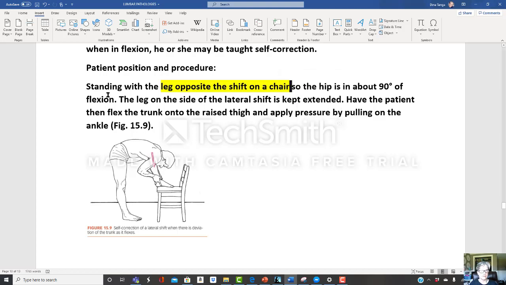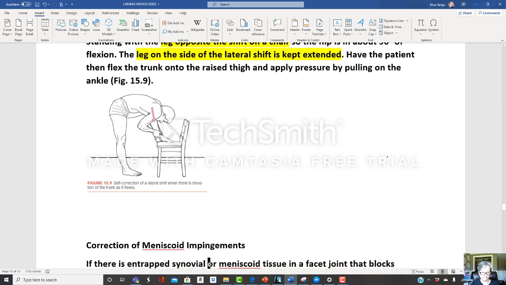The leg on the side of the lateral shift is extended. Have the patient then flex trunk onto the raised thigh and apply pressure by pulling on the ankle. Interesting.